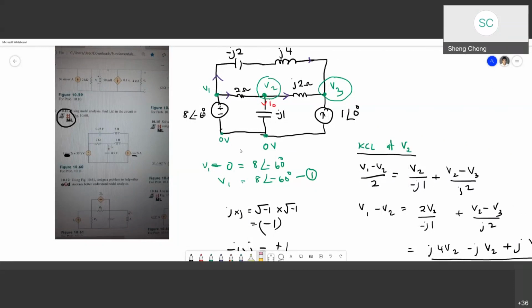I think no problem here, because I think this question there is no problem, because even though you have 3 variables here, this one is already known. V1 is already known. So you are dealing with 2 simultaneous equations, which is V2 and V3. But the complexity becomes when, because you have a lot of imaginary numbers here.